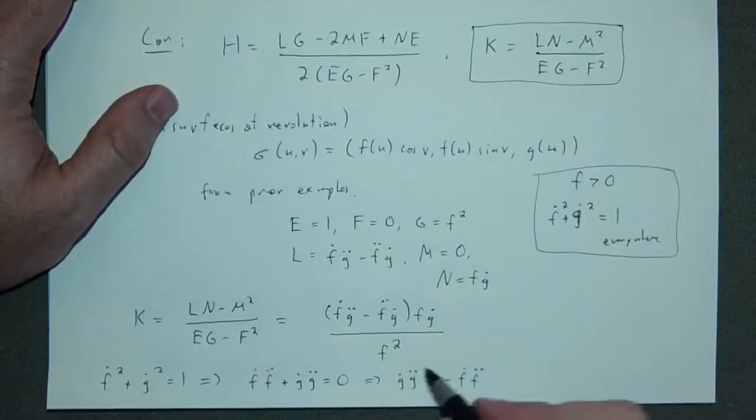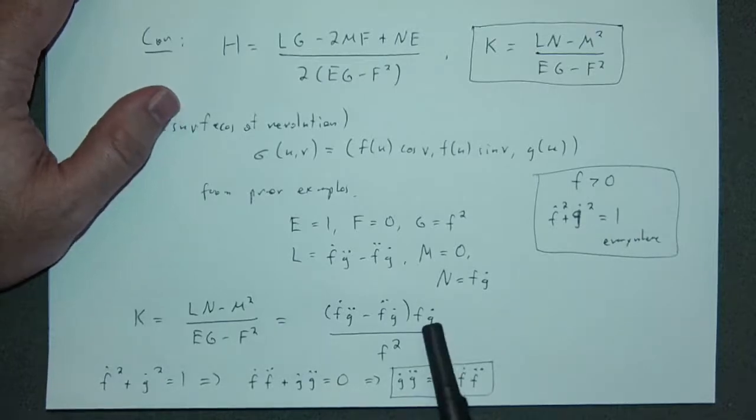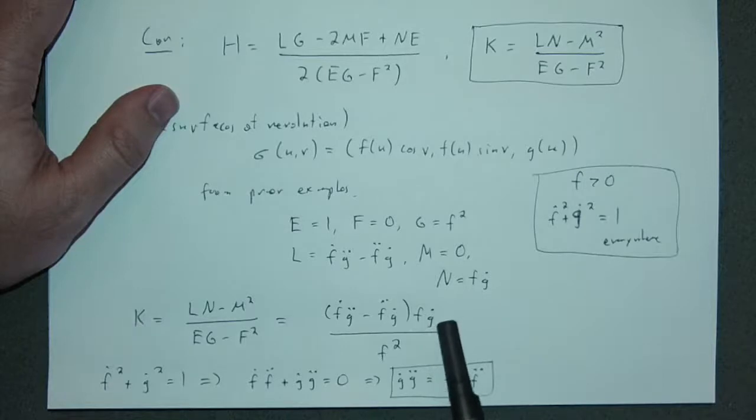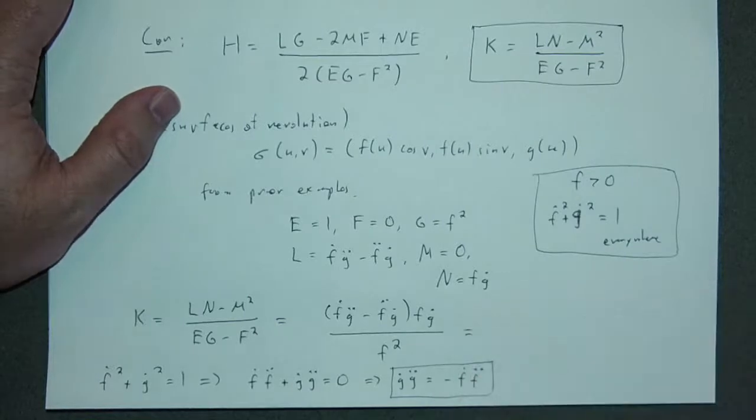How does this help me? Well, if I distribute this g dot here, I get g dot squared in this term, and I get g double dot here, which is minus f double dot. So I'm going to get an f dot squared, g dot squared here, f double dot in both terms. Algebraically, that's going to be something that's nice. So what do I get out of that?